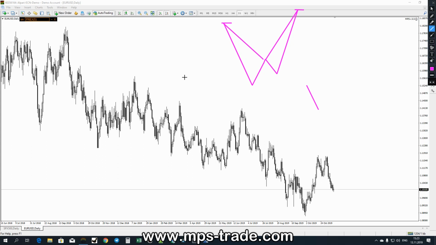Okay, now let's go back. This was a deviation on pattern types. Let's go back to our pattern structure. So suppose we have a pattern, yes, like this, and we have that kind of complex pullback, and we expect it to reverse somewhere here. So how do we predict that it should reverse?